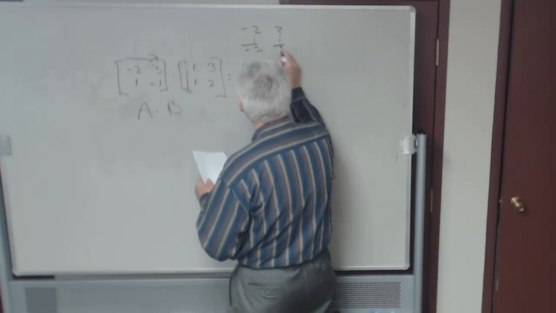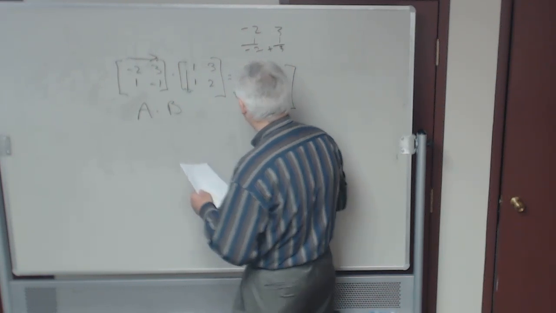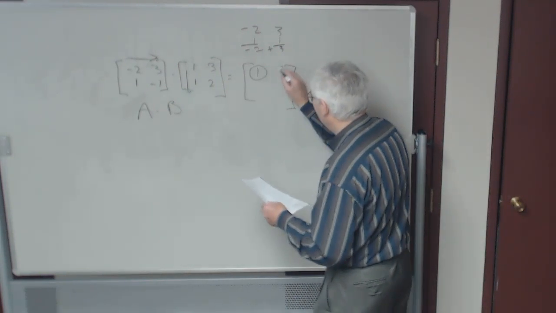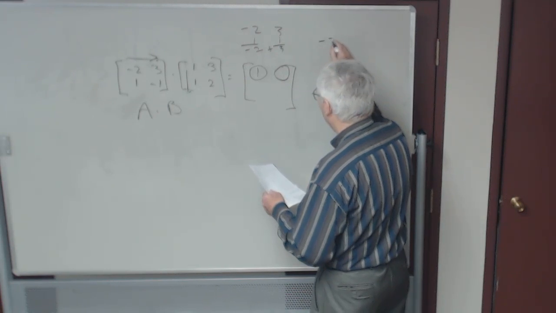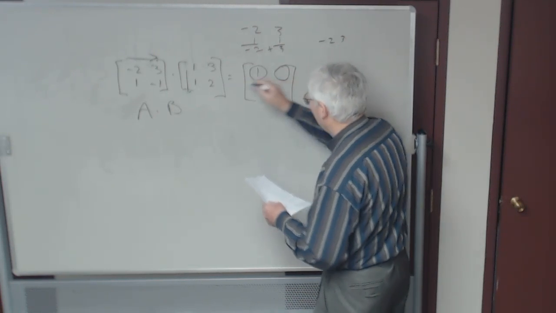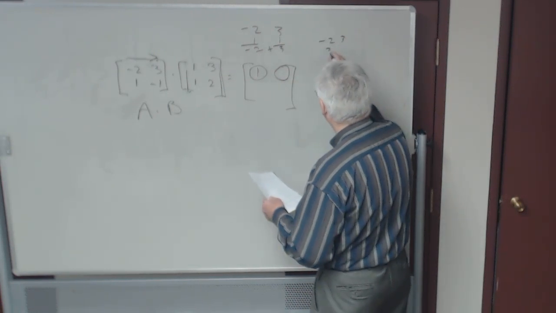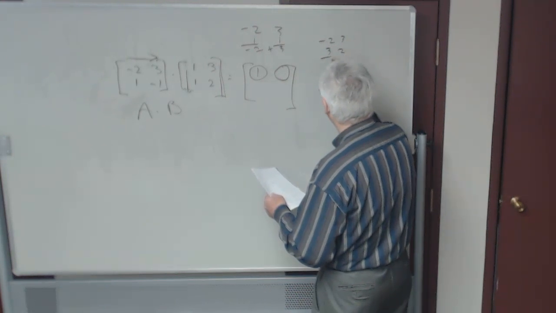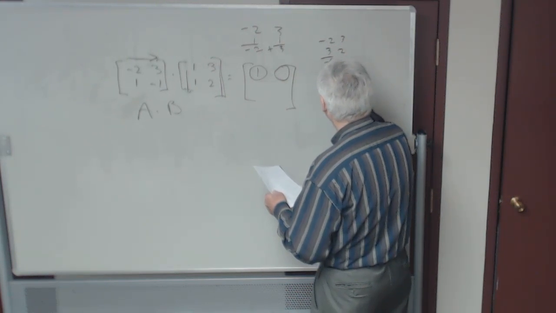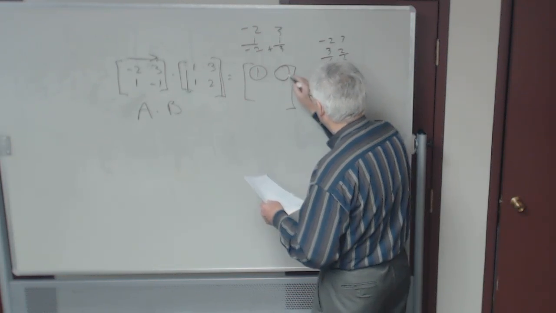First row, first column, 1 and 1, negative 2 and 3, add that, you get 1. Then the next one would be negative 2 and 3, and then the last column, 3 and 2, negative 6 and 6, you get 0.